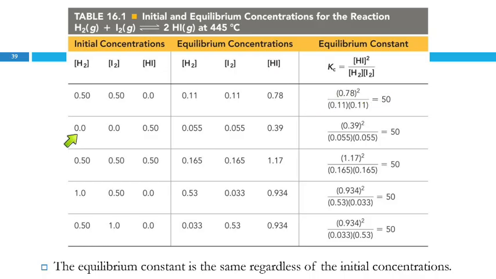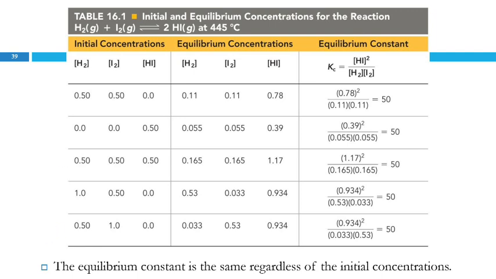If we start with none of the reactants and 0.5 moles per liter of the products, we end up with these concentrations. How do we know what those concentrations are? Somebody measured them. Well, you plug those numbers in and you get 50 again. It doesn't matter what you started with.